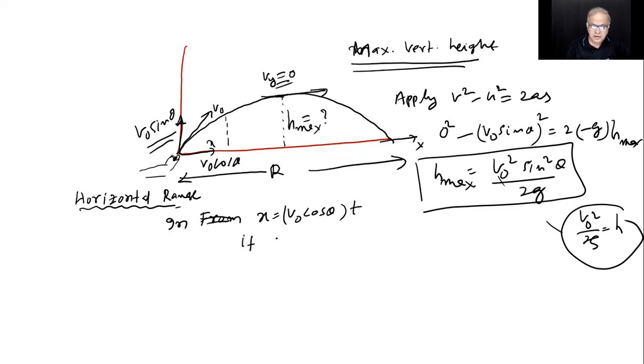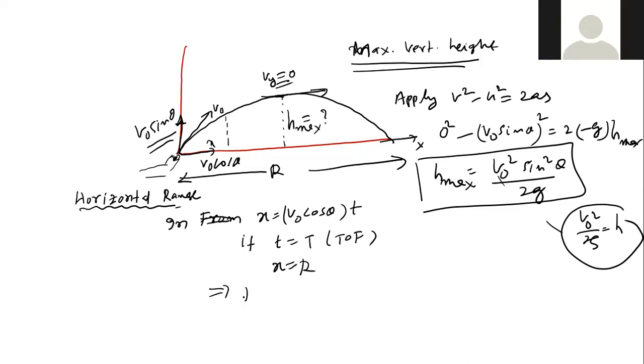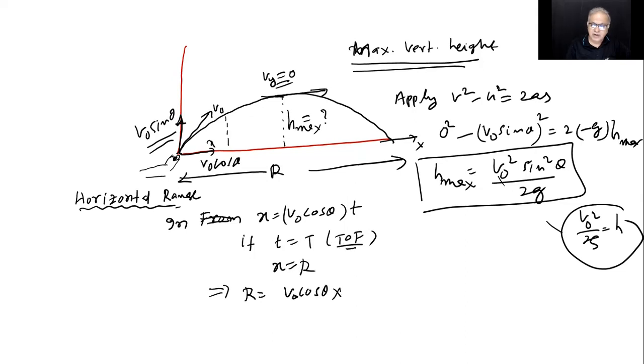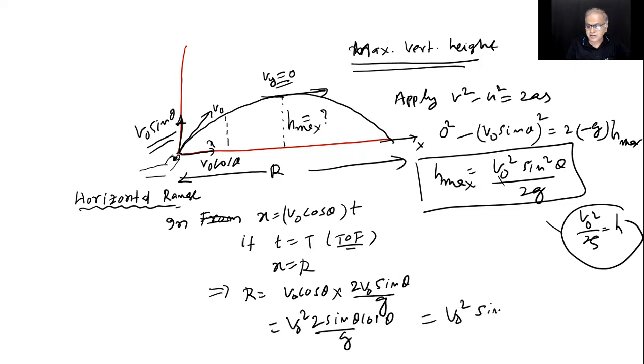If t equals T, the time of flight, x becomes R. So R equals v0 cos theta into the time of flight, which is 2 v0 sine theta by g. So R equals v0 square 2 sine theta cos theta by g, which is v0 square sine 2 theta by g.